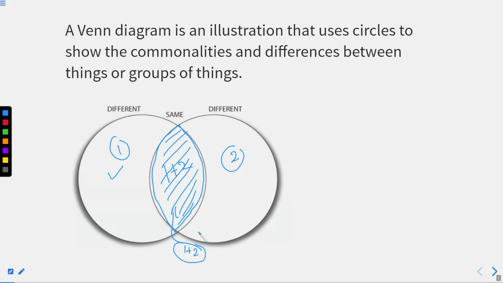And this portion, that is only 2, which is not common for both, represents how circle number 2 is unique, and this portion represents how circle number 1 is unique or different from circle number 2. This is how circles are used to represent different things together, and this representation with the help of circles we call a Venn diagram, right?